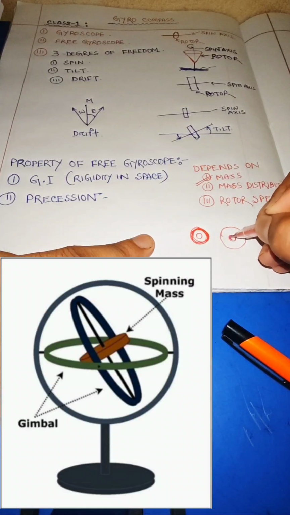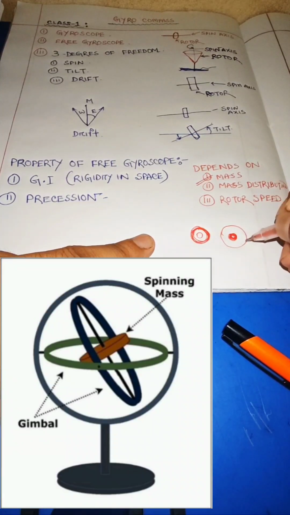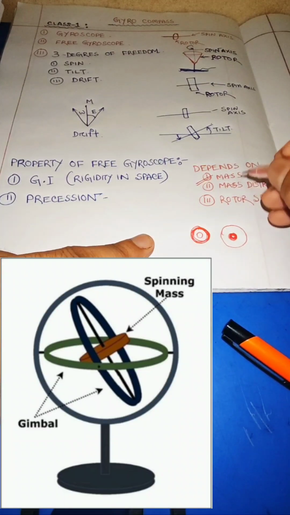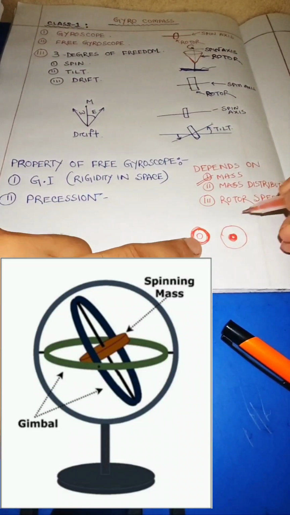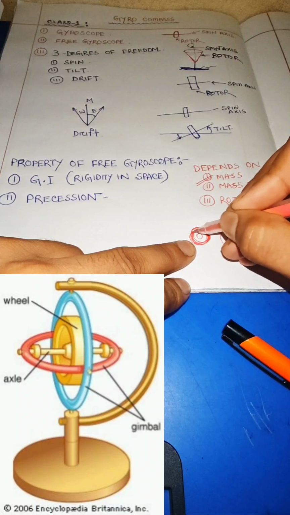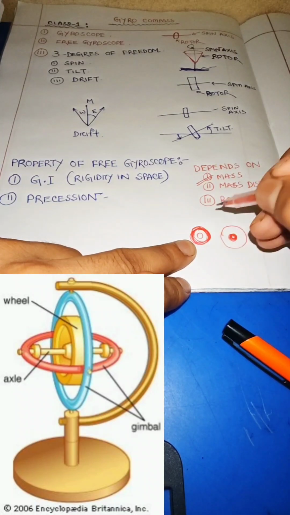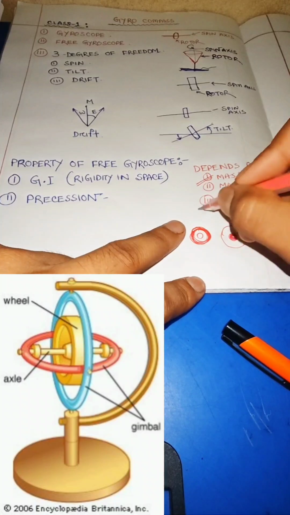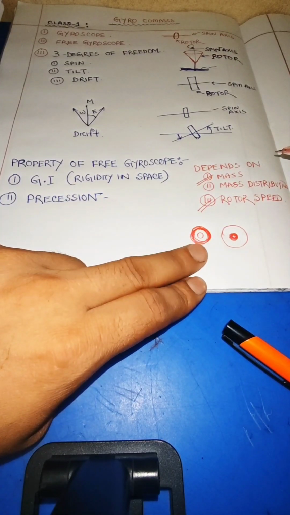If the center is heavy and the periphery is light, then it will give less inertia. So this mass distribution is a very important thing. The rotor that has more weight at the periphery and a light center has more inertia. Remember this one.